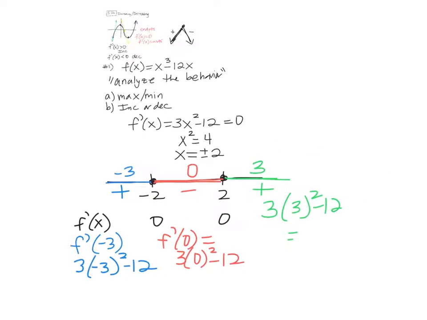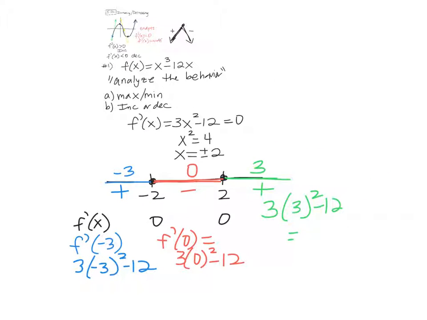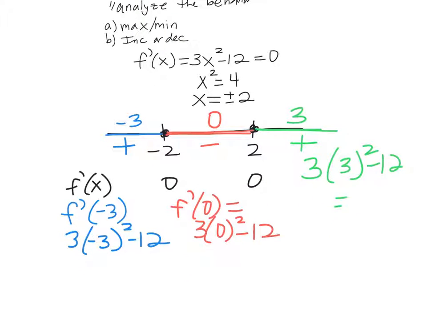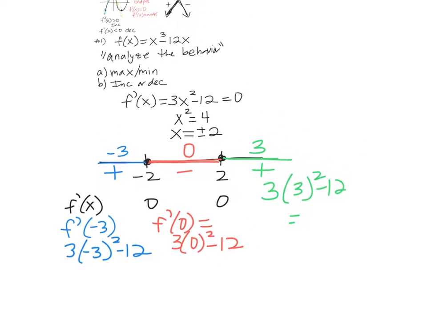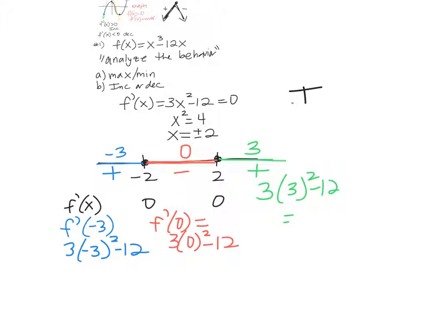All right, so then we can say from our little chart right here, this is positive, so this is increasing. So our graph is increasing from negative infinity until negative 2. Now, I think your book might put a bracket around that.